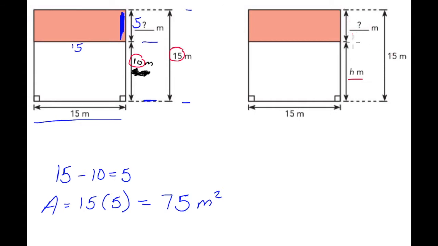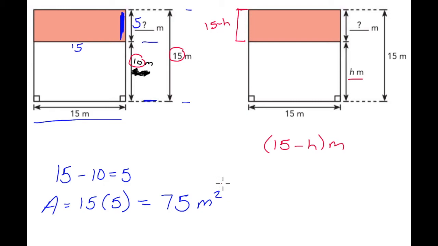To find out what this side length is, now it's just going to be 15 minus h, and that is in the form of meters. We cannot do anything else here because they're unlike terms. So the length of the side is 15 minus h meters.